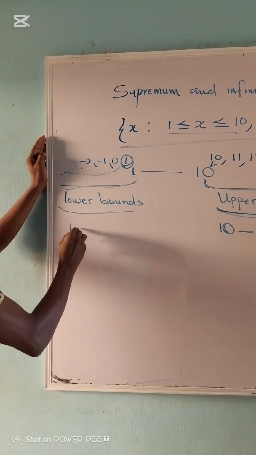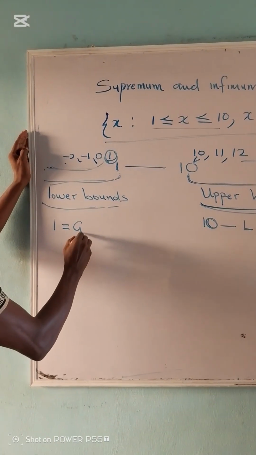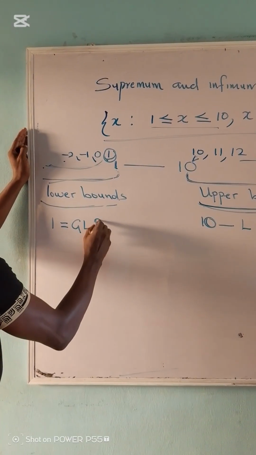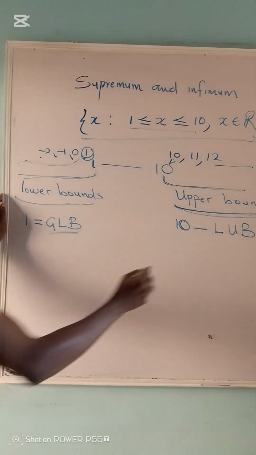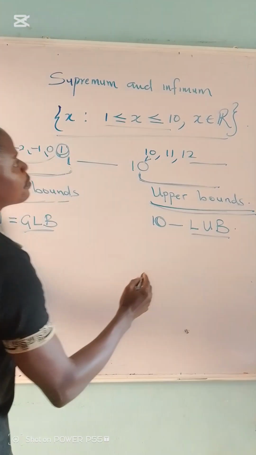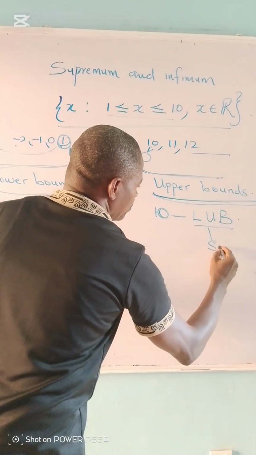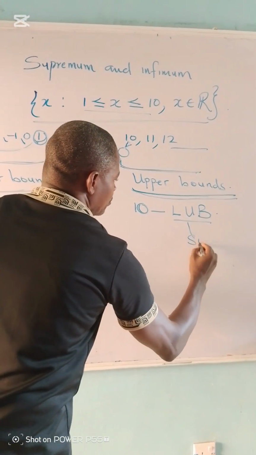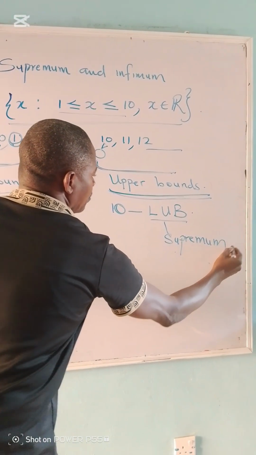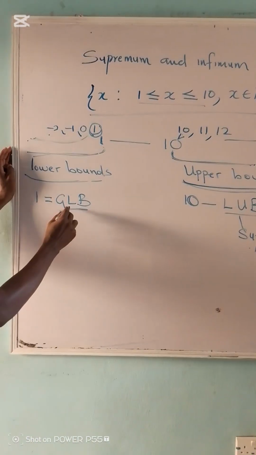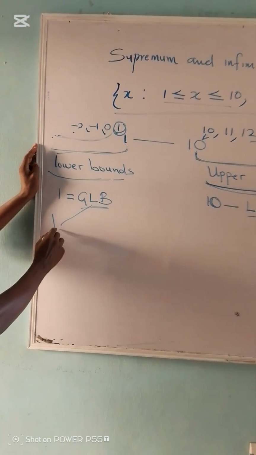This one is called the greatest lower bound. This least upper bound is what we call the supremum, while the greatest among the lower bounds is what we call the infimum.